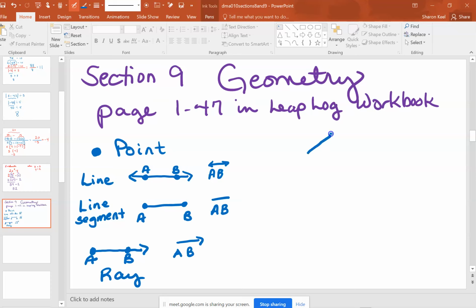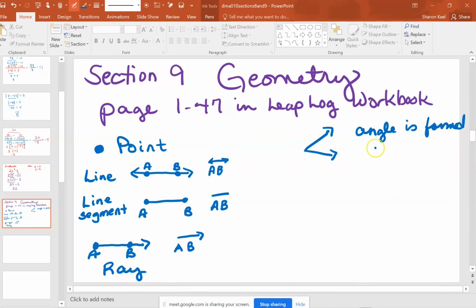Two rays put together form an angle. An angle is formed by two rays. There would be an endpoint. Let's say here we might name this C, this is B, and this is A. When we have an angle, we measure it in degrees.